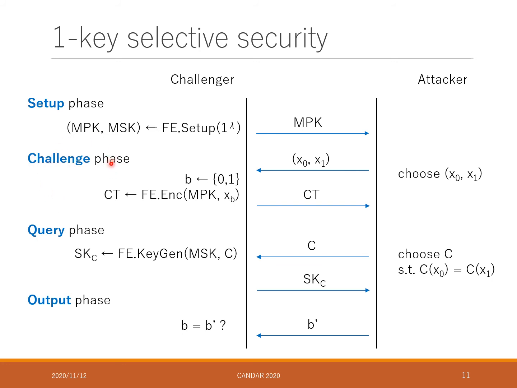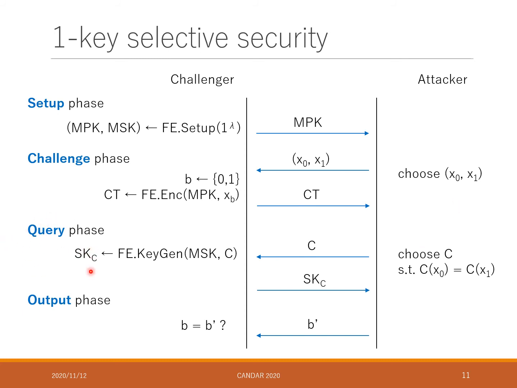In the challenge phase, first, the attacker chooses two messages x0 and x1 and sends these two messages to the challenger. Then the challenger picks a random bit b and computes the ciphertext of the message x_b. Finally, he sends CT to the attacker.